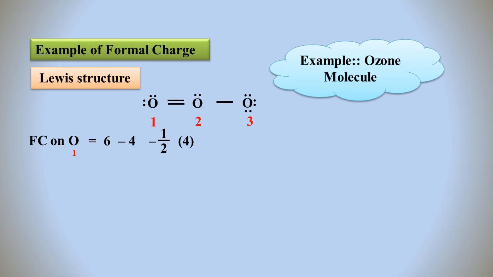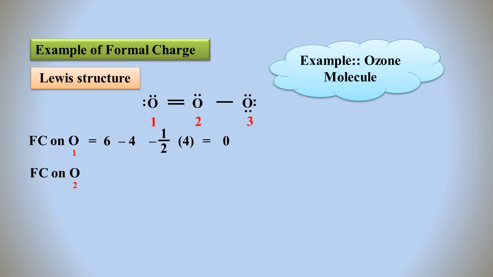So 6 minus 4 equals 2, and half of 4 equals 2, so 2 minus 2 equals 0. So the formal charge here equals 0, so it doesn't have any extra charge on the first oxygen. So we go to the second oxygen.